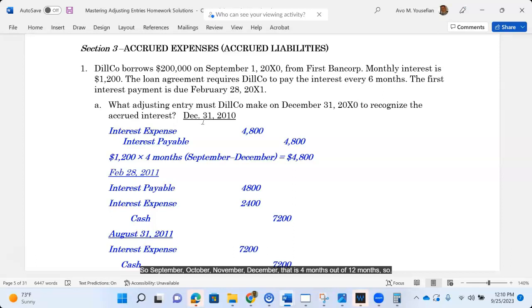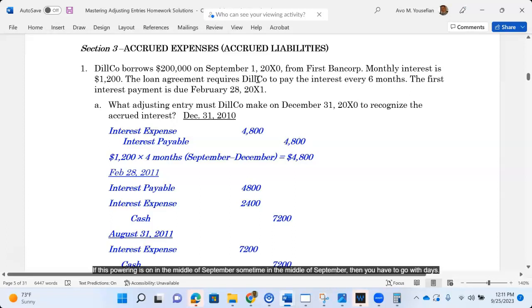So September, October, November, December, that is 4 months out of 12 months. $1,200 times 4, that's $4,800 interest expense to be recognized, and interest payable will be $4,800. That's a liability. So expense will increase, liability will increase. Normal balance for liability is credit.